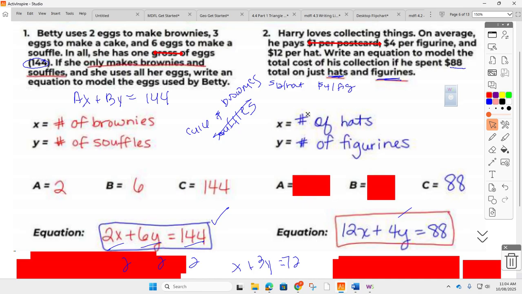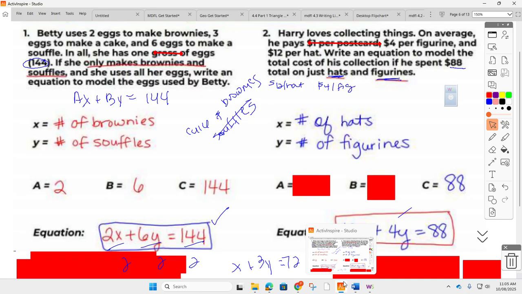So what does 12x represent here? The number of hats times the cost for each hat, so it's the total cost for all the hats you bought, right? And then 4y would be the total cost for all the figurines you bought, okay?